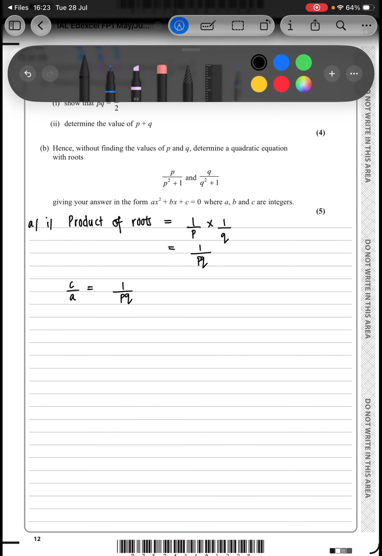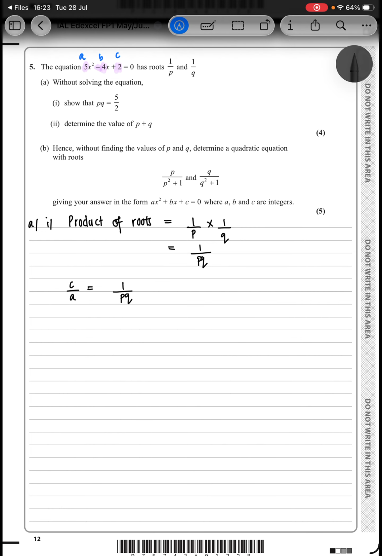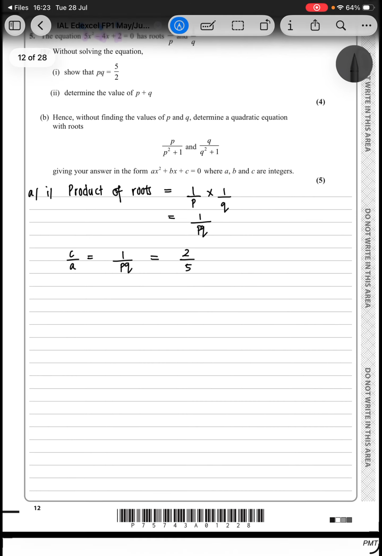Which means 1 over PQ is equal to C, which is 2, over A, which is 5. So 1 over PQ is equal to 2 over 5.